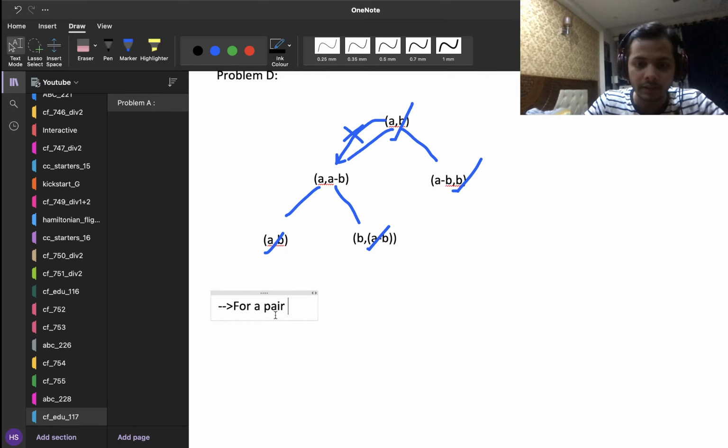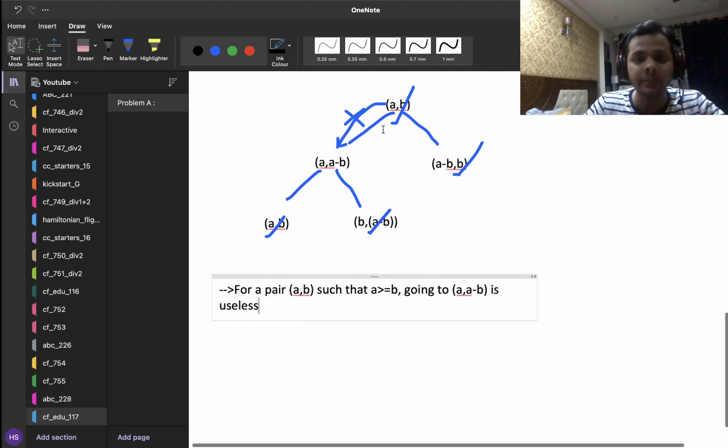For a pair a comma b such that a is greater than or equal to b, going to a comma a minus b is useless, because it will never help us.